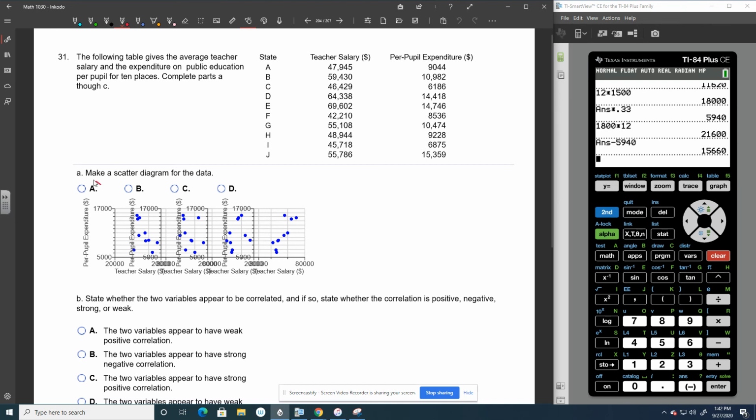So if you're practicing this one, look to the left and the right. So for example, state A should have a teacher salary close to 50,000 and an expense close to 10. So if I'm looking at this diagram, the salary goes across the bottom and 50,000 is, I can't even tell where my 50,000 is.